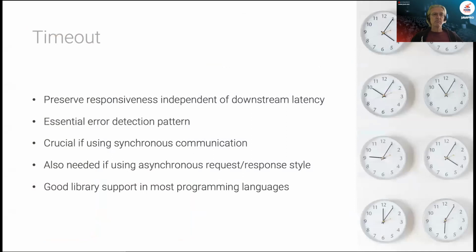And as we want to give our response in time, we have to check that. Usually we have to create in some way another thread which executes the downstream call, and we have to monitor that. And if it takes too long, we have to interrupt it and do something else. It's very essential, and we get quite good library support in most programming languages.